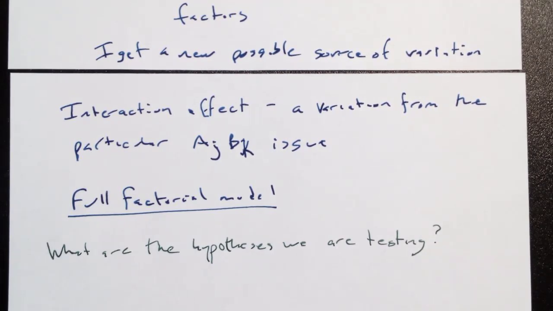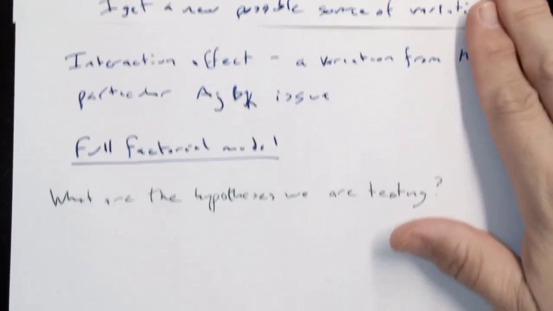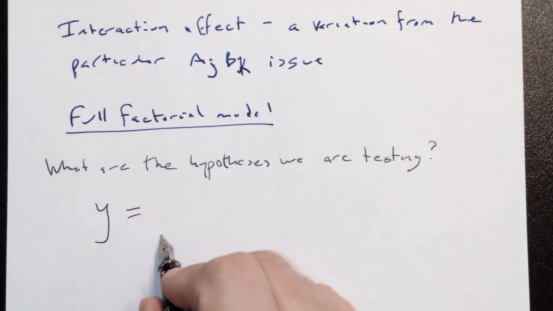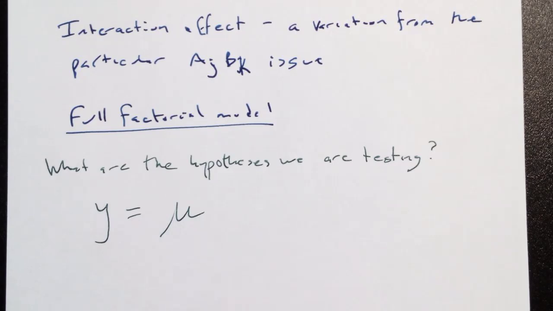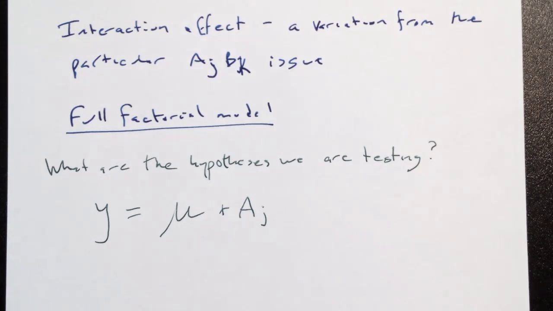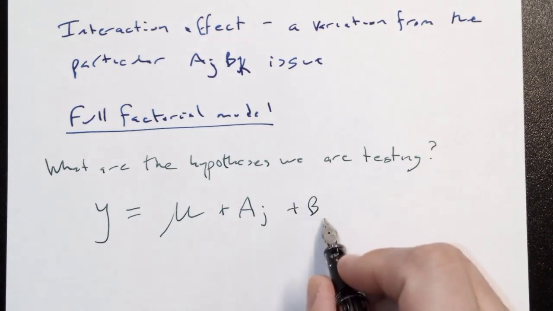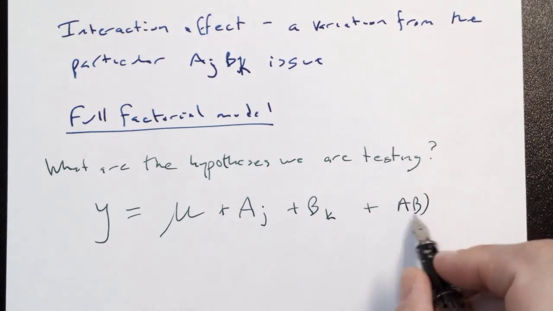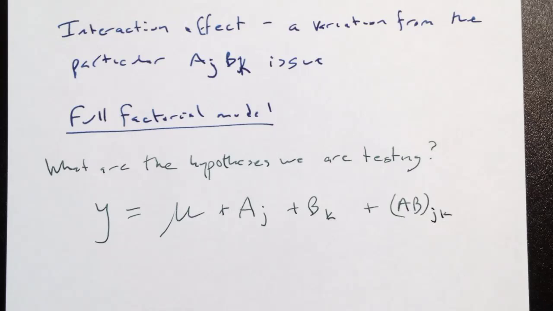I think it will help if I write down the model I'm thinking about. So remember, we thought of this as like a line, and we said, oh, it's possible that my data, my response variable, will have some big overall average. And then there will be some effect from the row and then some effect from the column, and then we're adding this interaction effect.